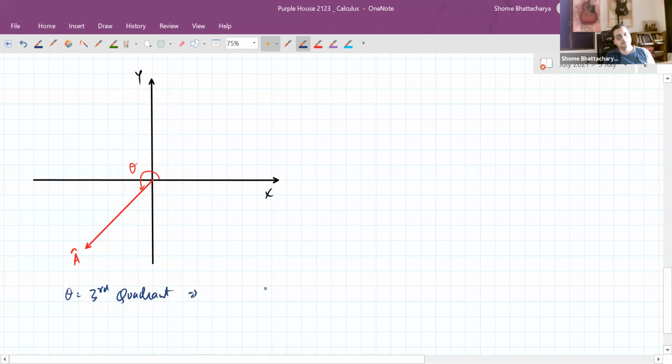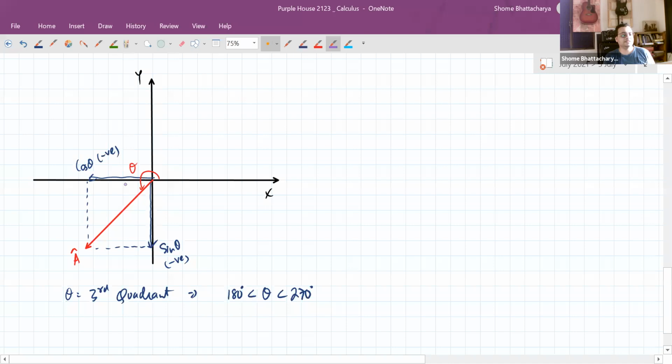This means that theta is greater than 180 degrees but less than 270 degrees. So now you can see clearly that when you drop the perpendicular on the x-axis, the x component, cos theta, will be negative because it's falling on the negative x-axis, and the y component, this one, will also be negative. So that's why in the third quadrant both sine and cos are negative.